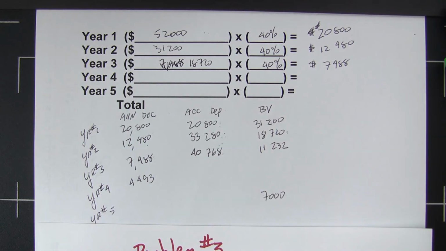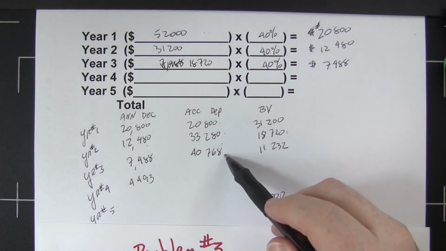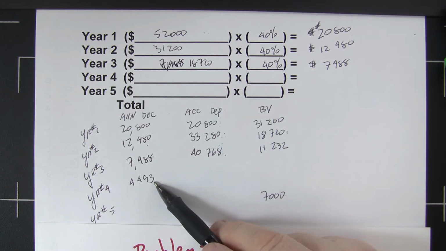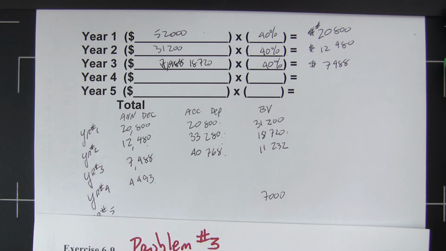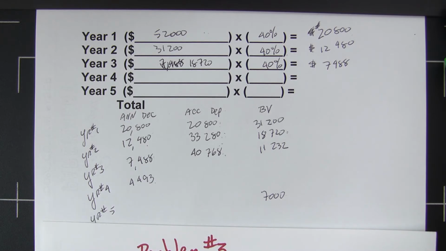So our accumulated depreciation is what we had so far plus 4,493. So 40,768 plus our 40% for this year.